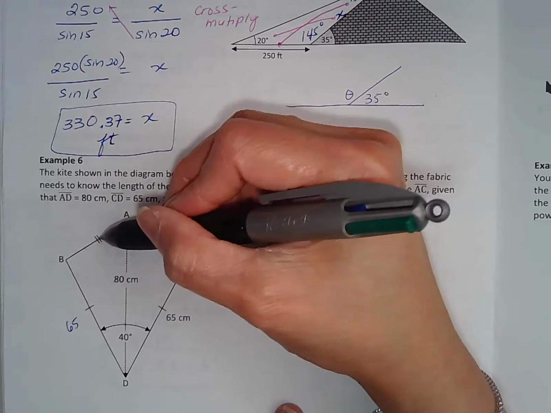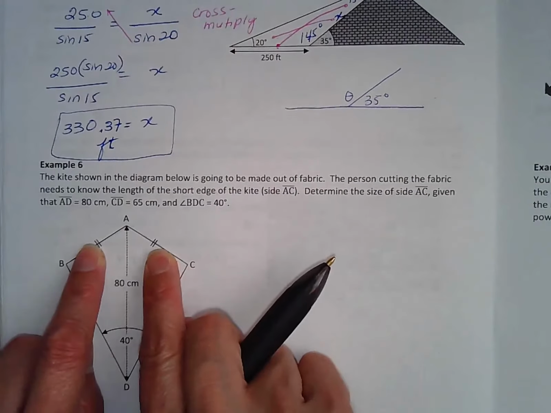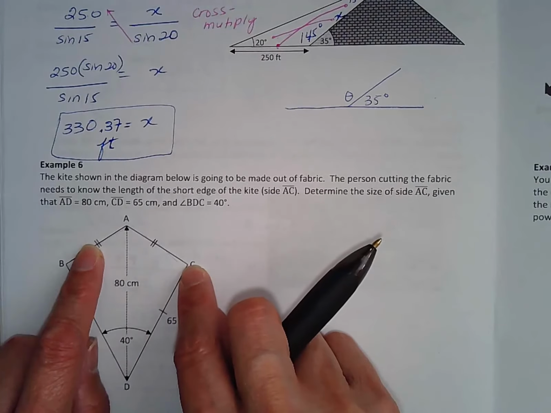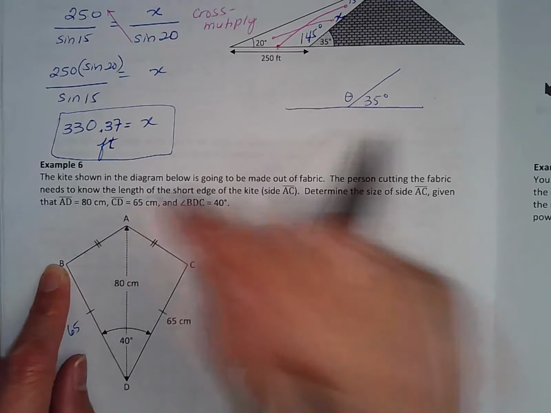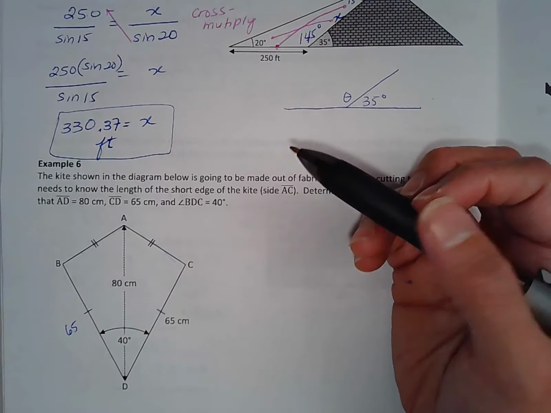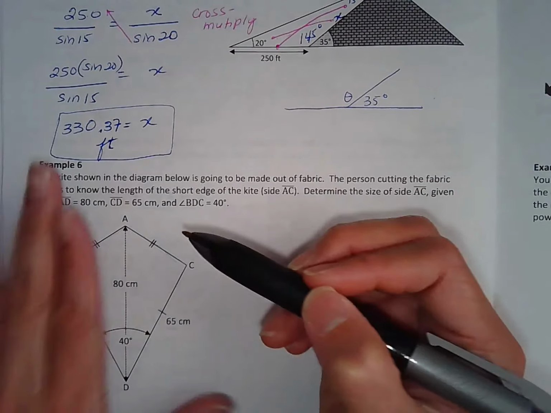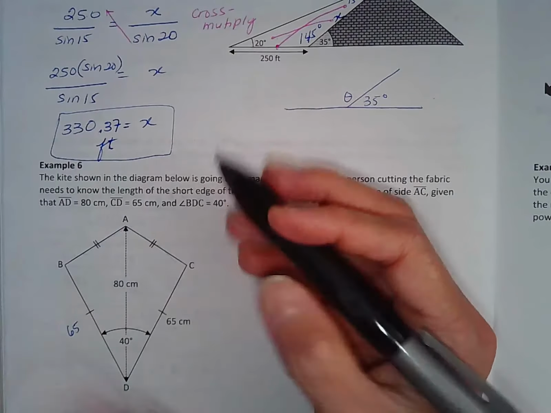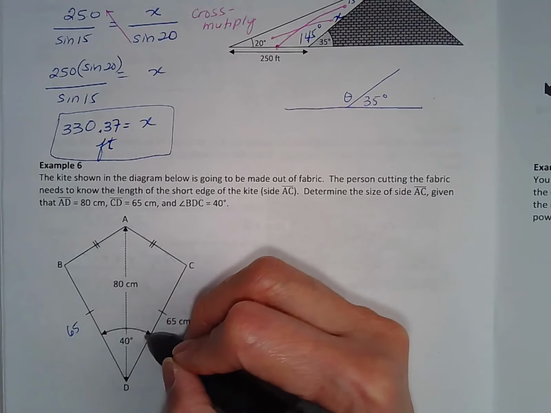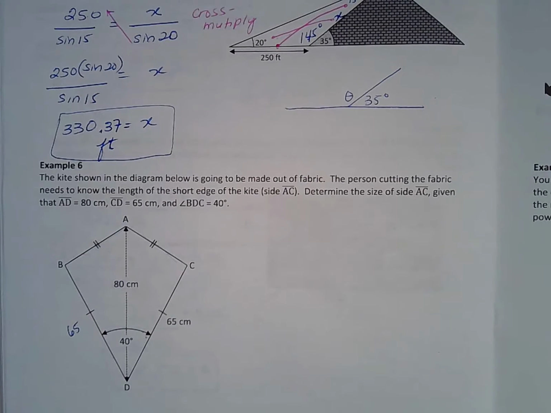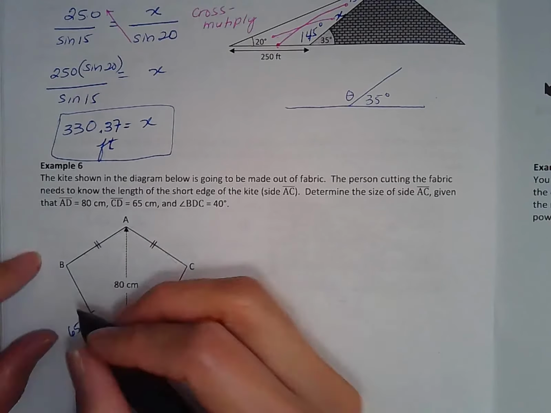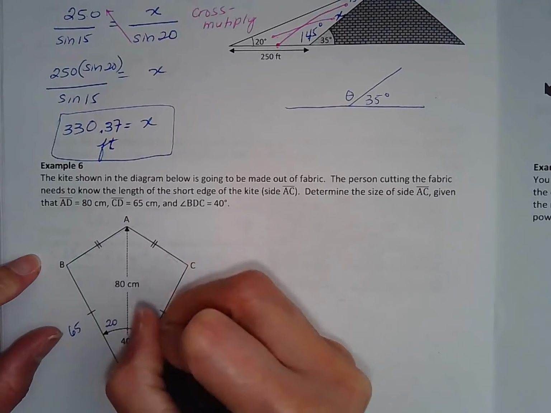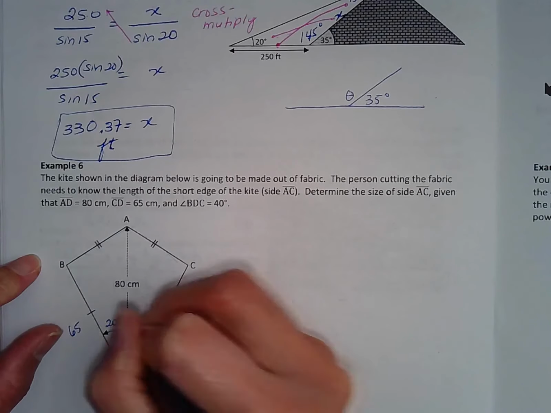There's a tick mark on both sides here. That means AC and AB are equal to each other, but we don't know what that is. So if that's equal, that means this 40 degrees could be split up equally also. If the sides are equal, then the angles are also equal. That makes this 20 degrees. This is 20 degrees.